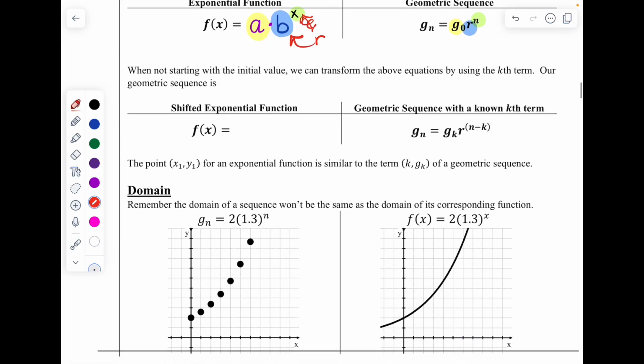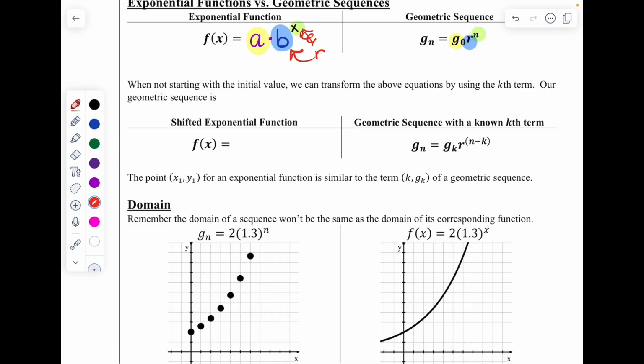So when we're not starting with the initial value, we can transform the equations from above by using the kth term as well. Remember, from our geometric sequence, we start with our kth term times the common ratio to the n minus k power, where you use k from the initial value. Well, in our shifted exponential notation, we can take y1 times r to the x minus x1 power.